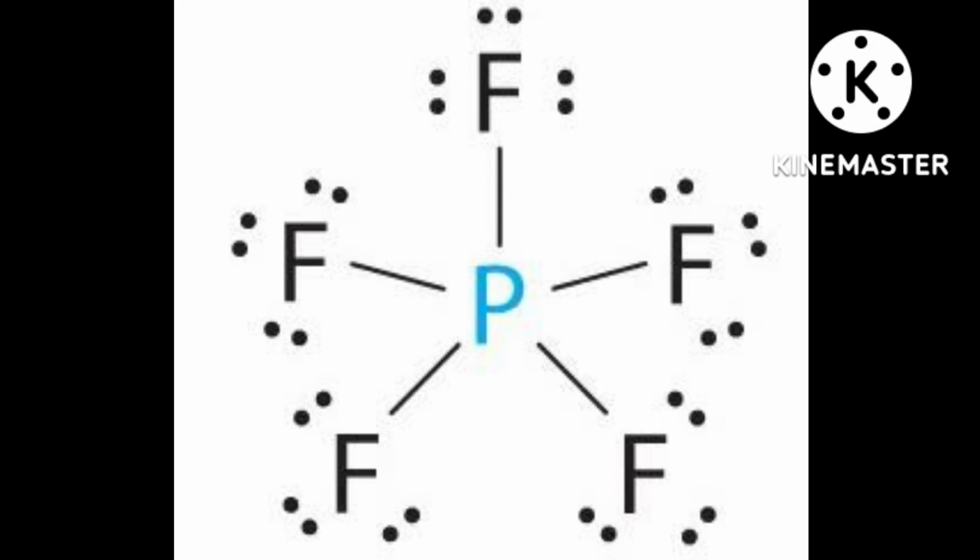Because on the left side oxygen atom, 2 pairs are remaining, meaning 4 electrons, and the double bond is there. Then 4 plus 4, 8. And for nitrogen, they make a double bond, which is 4 electrons, and 2 electrons are remaining, meaning 1 pair, then 4 to 6 to 8.